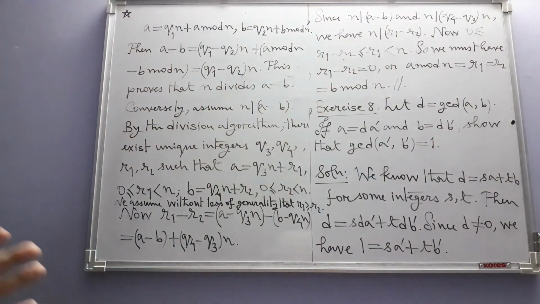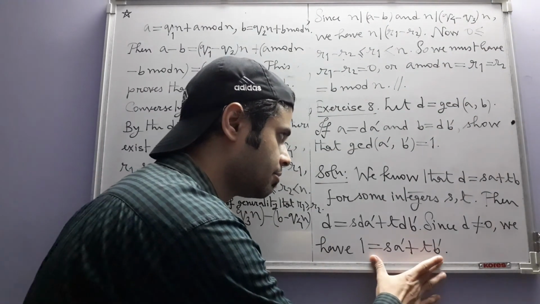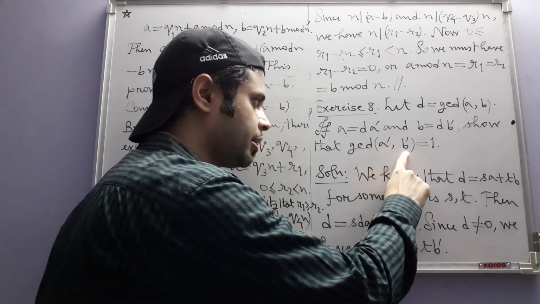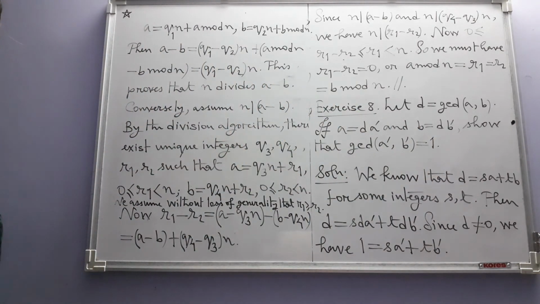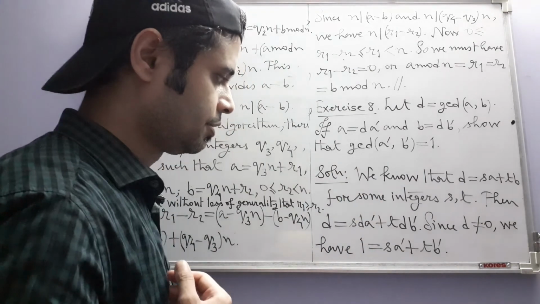Now we are going to conclude from this equation that the GCD of a prime and b prime is equal to 1. Do you see how you can conclude that from this equation?